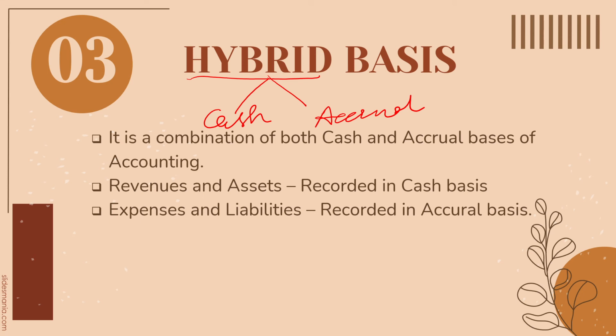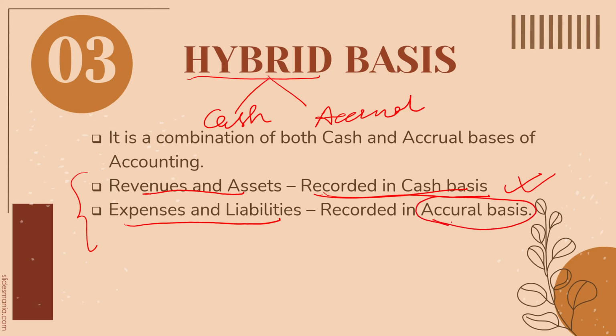But in India, it's not that prevalent. Only the accrual system is mandatory in India. This tells how they record in the hybrid basis system: revenue and assets are recorded on the cash basis, while expenses and liabilities incurred are recorded on the accrual basis.